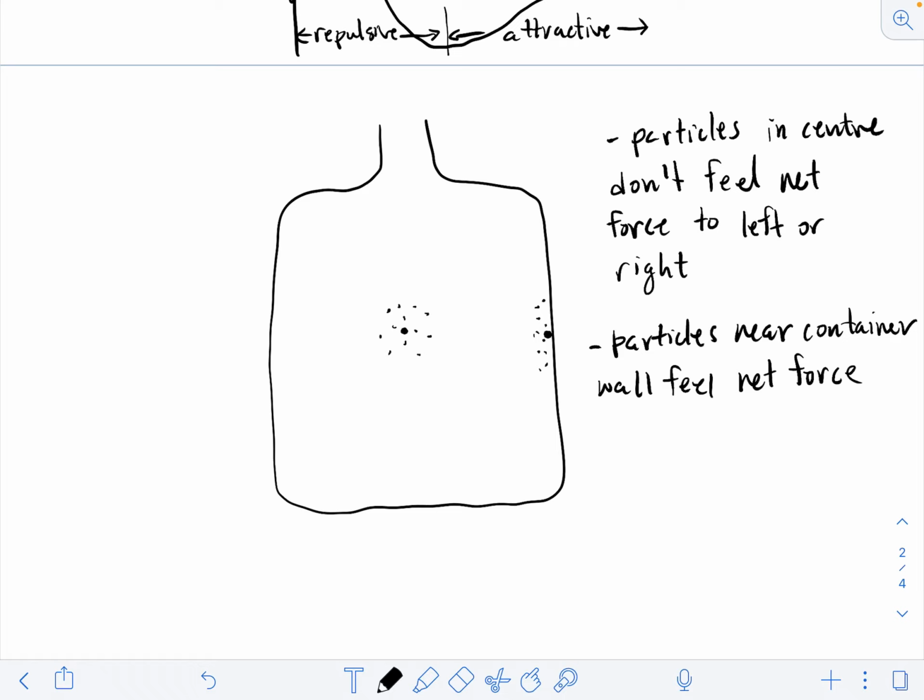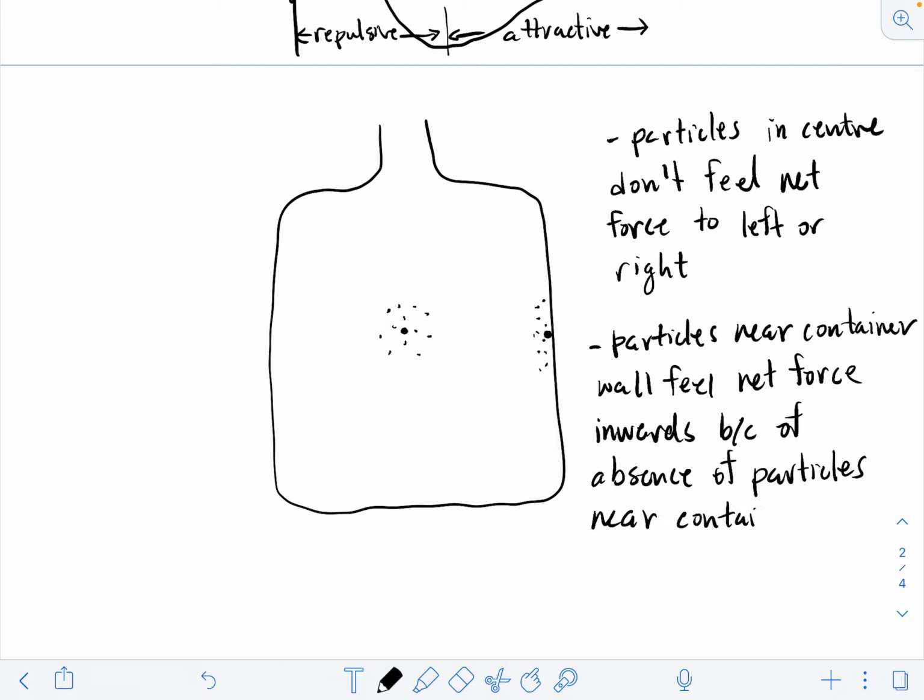And so there's a net pull for that particle near the container wall inwards, and so in the way I've drawn it, a net pull to the left. So they feel a net inward force because of the absence of particles near the container wall.